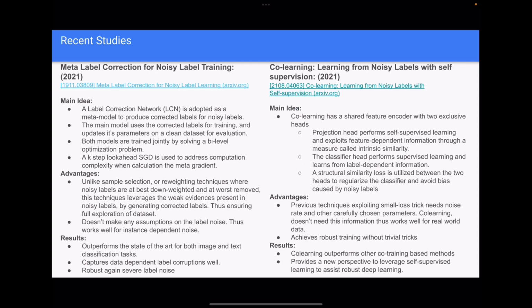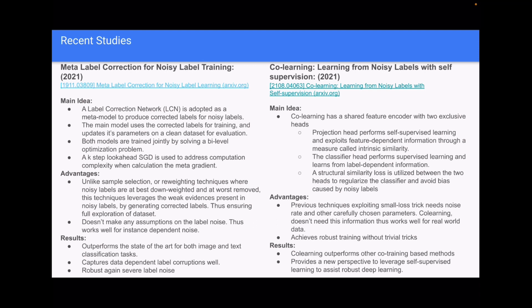The first paper that I would like to present is Meta Label Correction for Noisy Label Training. This was published by Microsoft Research in 2021. The main idea here is, in sample selection, we are not utilizing labels that we consider to be noisy or weak. But instead of throwing them out, this paper suggested that maybe we could recorrect noisy labels.